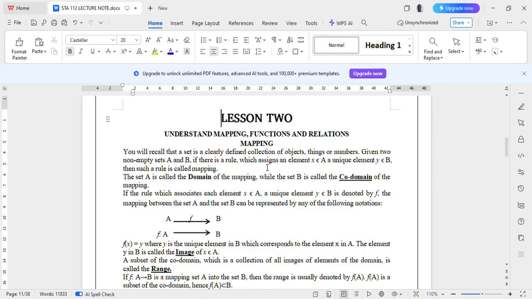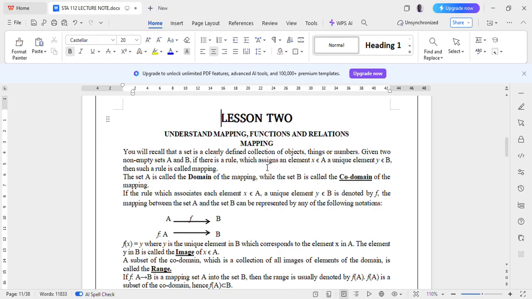Given two non-empty sets A and B, if there is a rule which assigns an element of set A to a unique element in set B, then that is called mapping. So in a nutshell, today we are still talking about sets. In mapping, we are still referring to sets in a way.